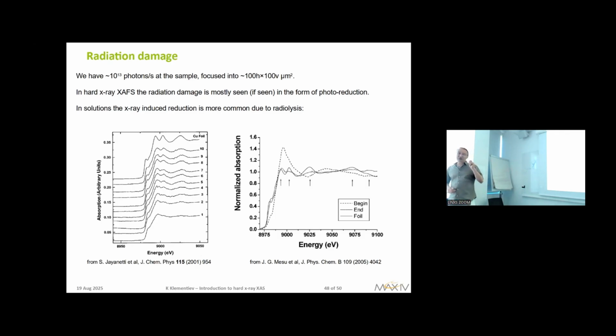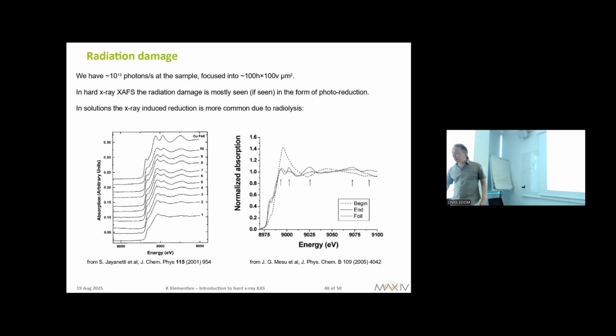Yes, and so in the first spectra you see the pristine state, and then you see in time it develops, and then of course you tell that yes, I throw away all this and I use the initial state. Another way of dealing with it is to cool the sample.